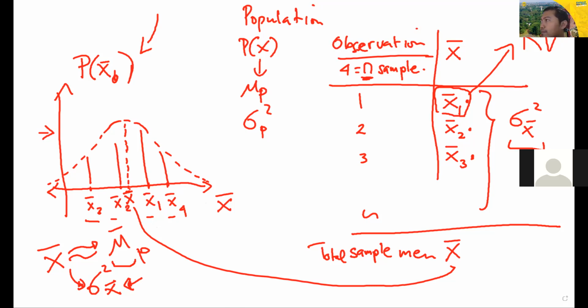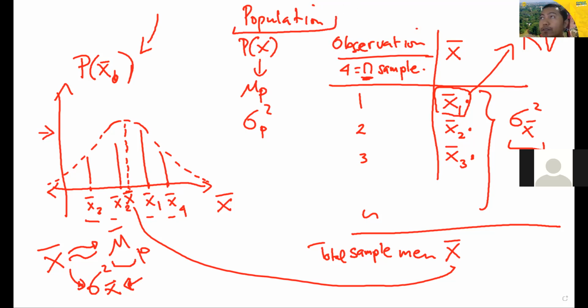So there is a theorem for any population distribution. For example, in the population there is an unknown.